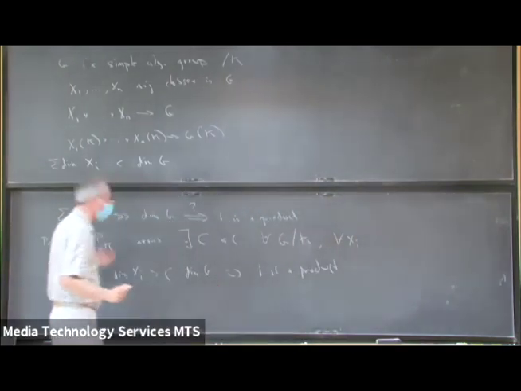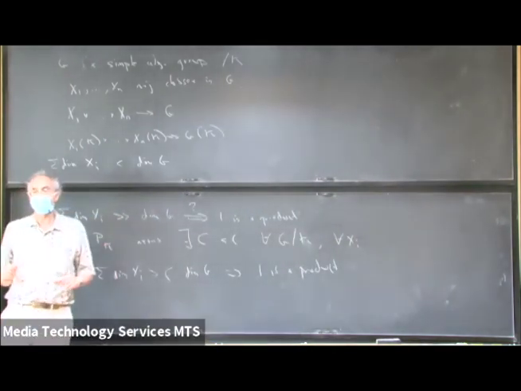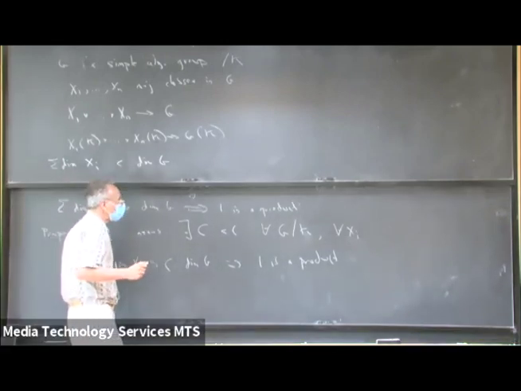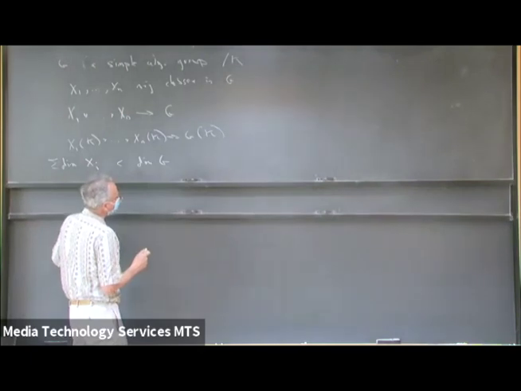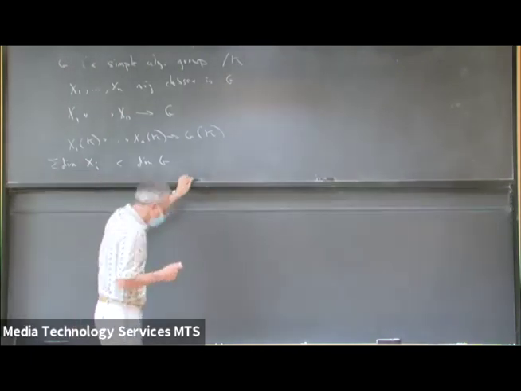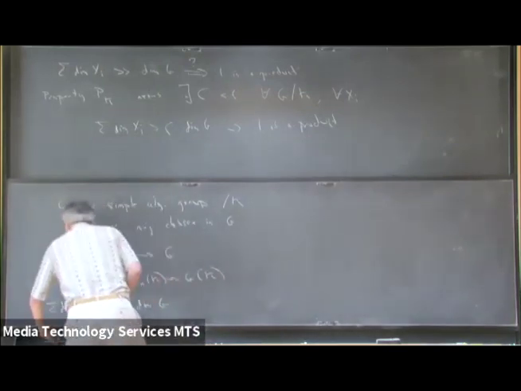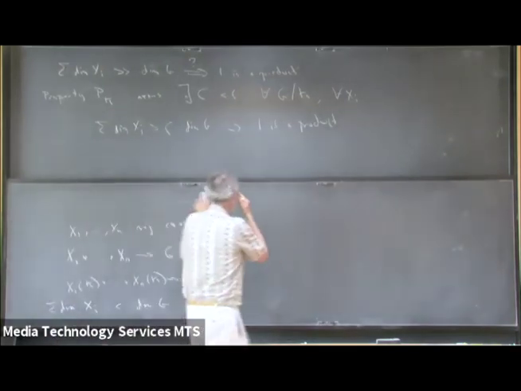You can ask which fields have property P. I mean, you can't be too optimistic about this. It's certainly not true for all fields. I'll give an example.